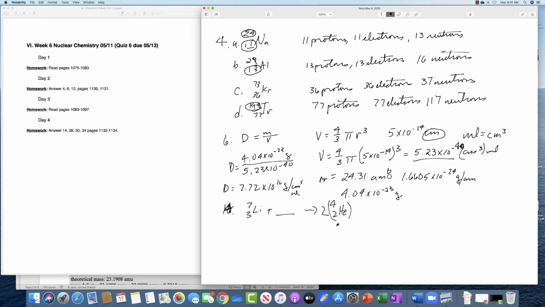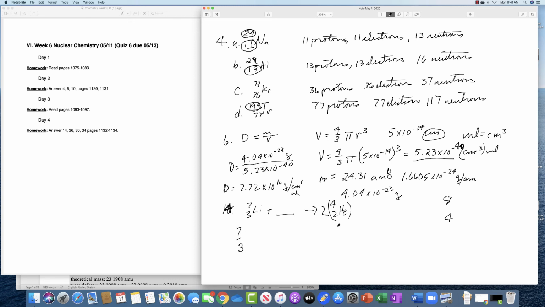Now, the general way that you do this is to remember that mass and charge have to be conserved. So here we have a total atomic weight of 8 and atomic number of 4, okay? And then over here we have 7 and 3.